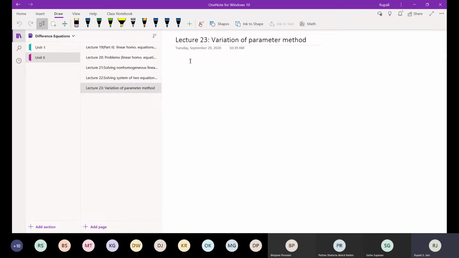Are you familiar? So, yes or no? I am asking. Variation of parameter method, whether you heard earlier.